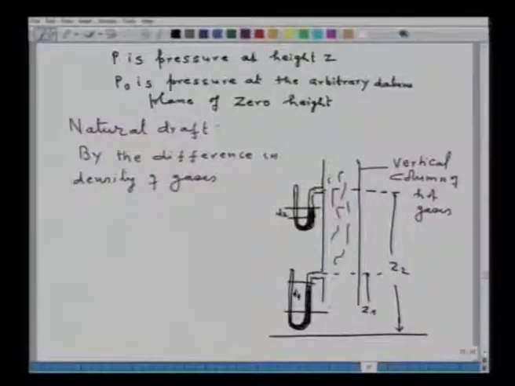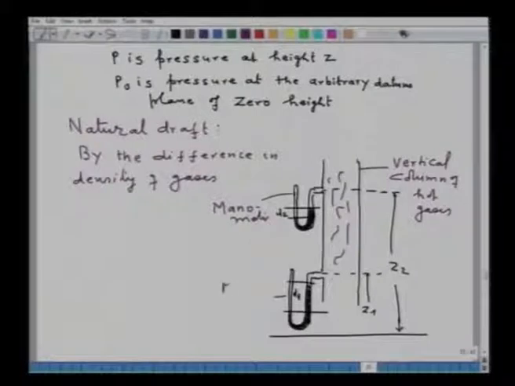Manometers at heights Z1 and Z2 are installed to measure the relative draft at two levels. This is a manometer, this is also a manometer. They are installed at locations 1 and 2 to read the relative draft.